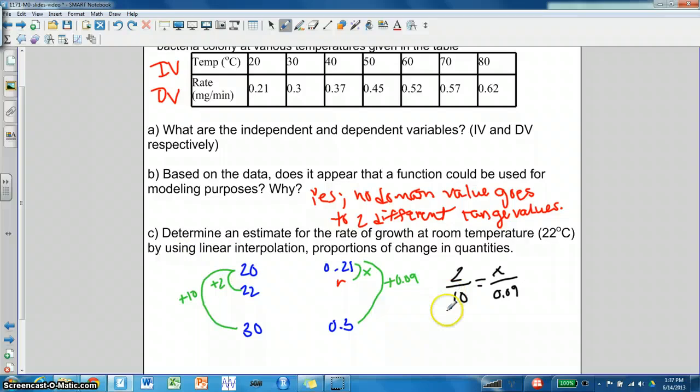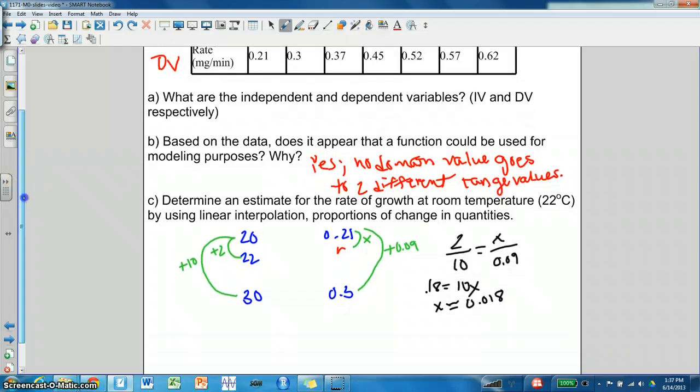If we had another different kind of model, this would not work. Solving for x, cross multiply and solve, we get 0.18 is equal to 10x, and x is going to be 0.018.